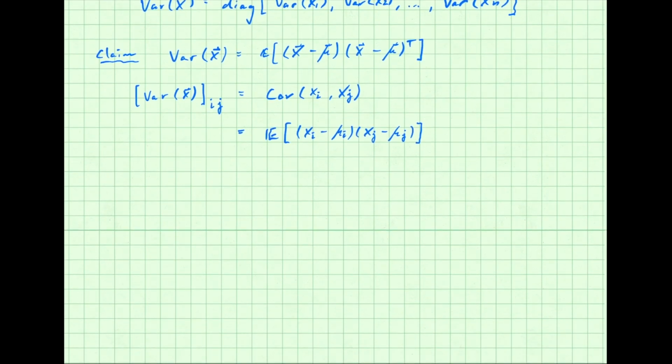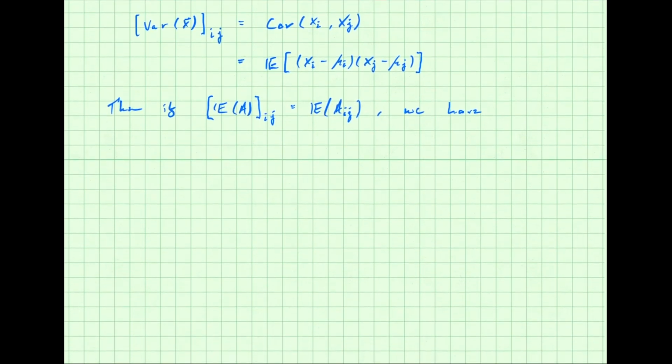Then we're going to use a rule: if row i, column j of the expected value of a matrix is equal to the expected value of row i, column j of the matrix. I think they don't bother to make that rule in the notes, but it's needed.